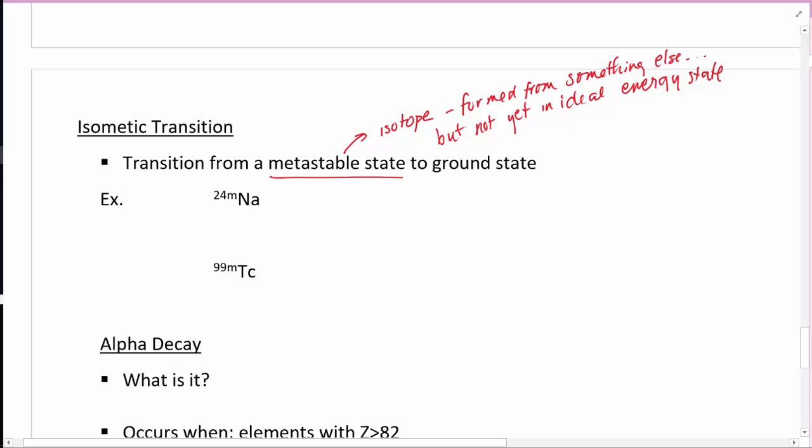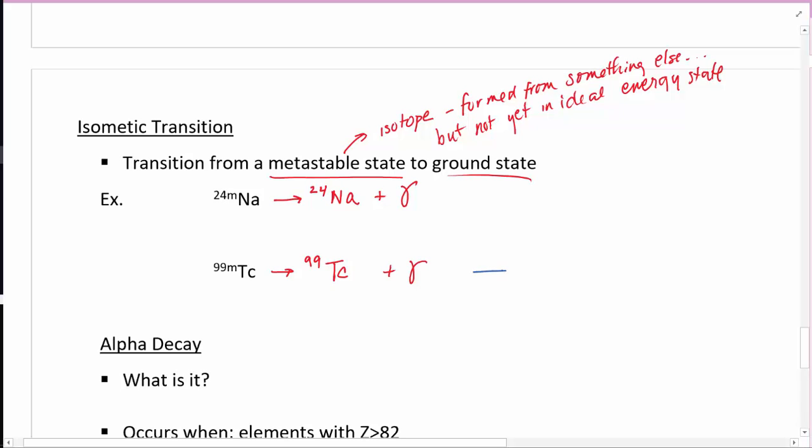So isomeric transition is where it goes from this not yet ideal energy state to its ground state. So for example, I might get sodium-24 metastable. Sodium-24 metastable will actually turn into sodium-24 by releasing that energy in the form of a gamma ray. Or technetium-99 metastable will decay into technetium-99 by releasing a gamma ray.